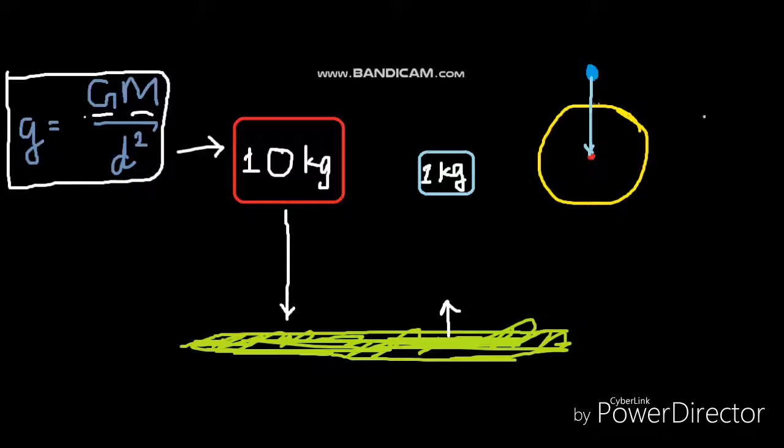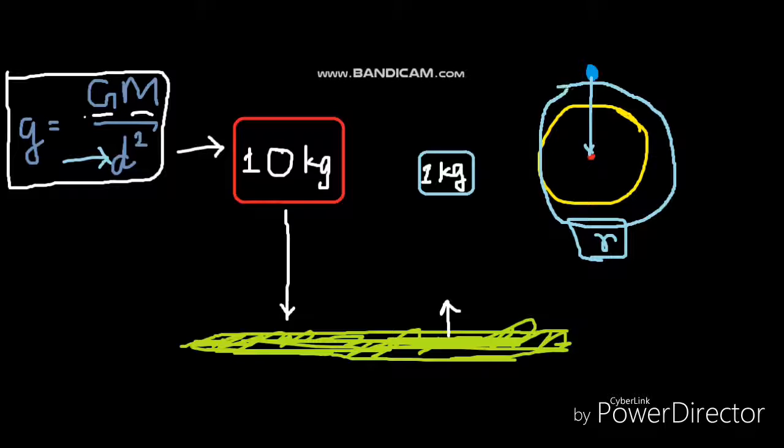And this d can be changed with r, that means radius, because when the distance from the center is d, the d can be changed with r, because this is really the radius. This is actually the radius of this circle, right?